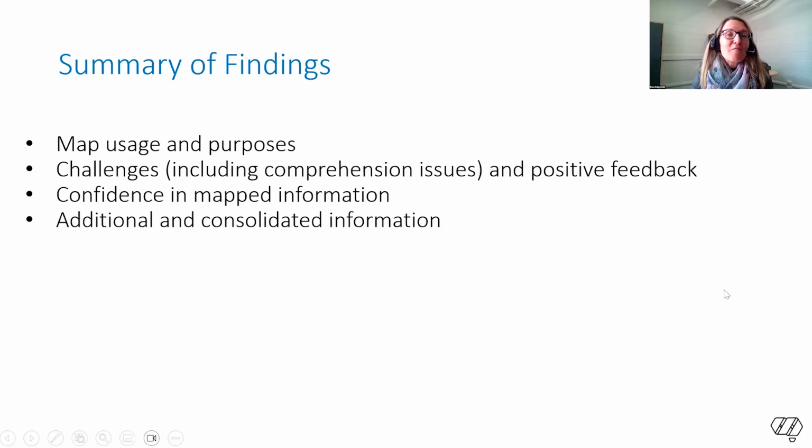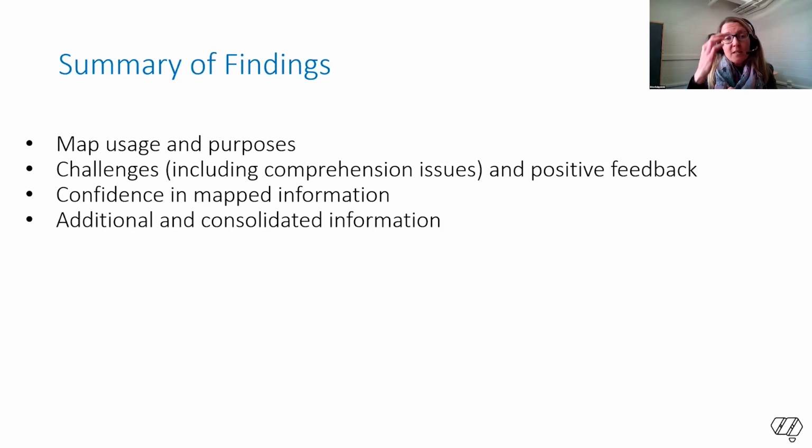And just a summary of the findings before I pass it back over to Chloe, a large majority of the participants used maps and for a variety of different purposes, as I've shared with you. There were certainly challenges with maps during fire events and some positive feedback as well. During part 2, there were some comprehension challenges that our team took on board and shared with our steering committee. So that's very important when we're thinking about the design of future maps.